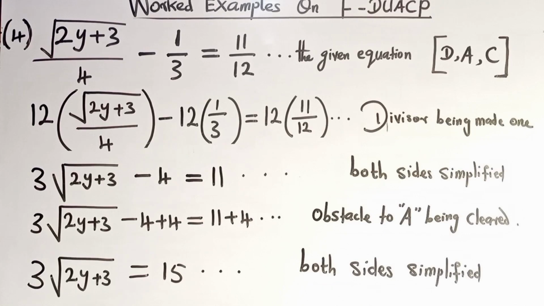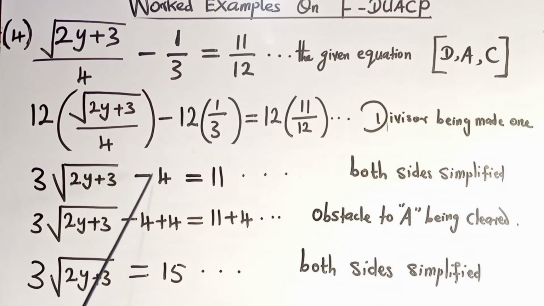The next is to talk about the adder. The main adder we are targeting to make 0 is this 3. We know that this minus 4 is also an adder. But when we say adder, we say an adder to the unknown.